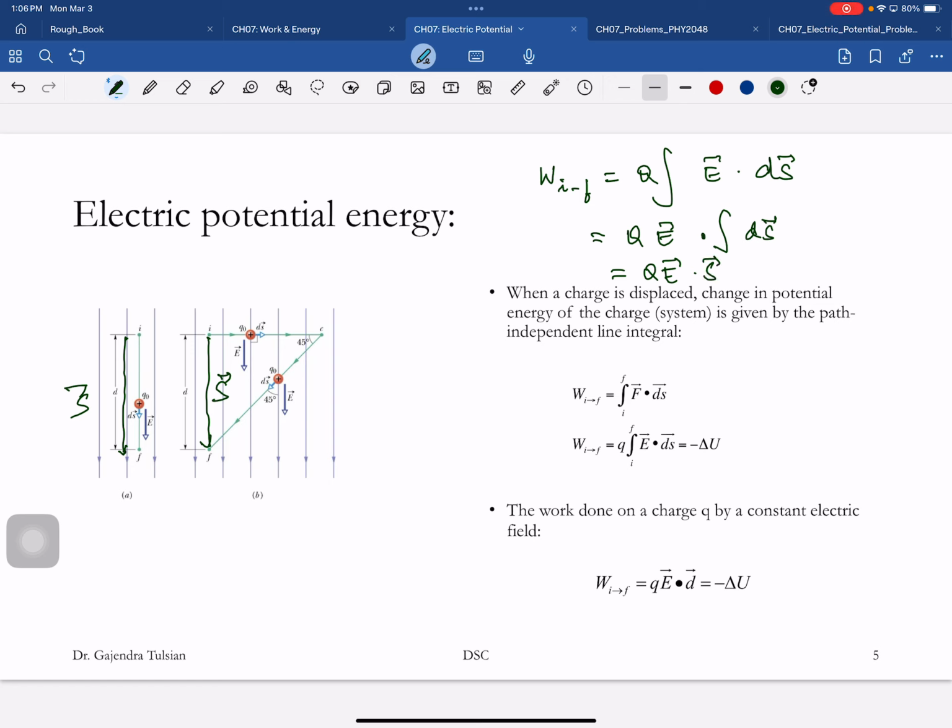So it's path independent. So the work done by this force is conservative. This is true even in the general case: the work done is path independent, and so we define a potential energy function U, equal to the negative of the work done.